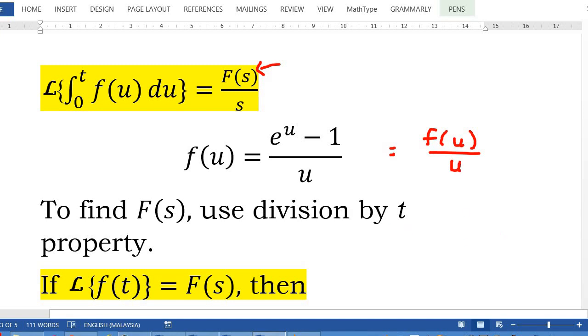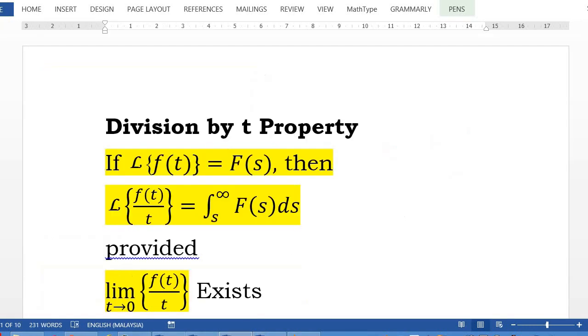Recall, the Laplace transform of f(t) over t will be equal to the integral of F(s) from s to positive infinity, provided the limit of f(t) over t when t approaches 0 exists.